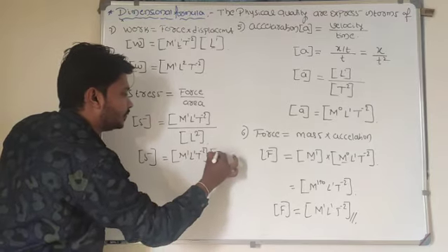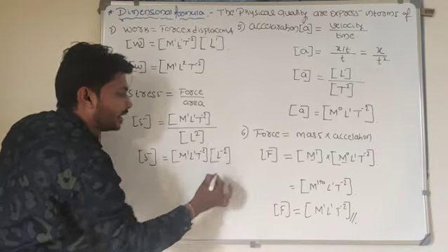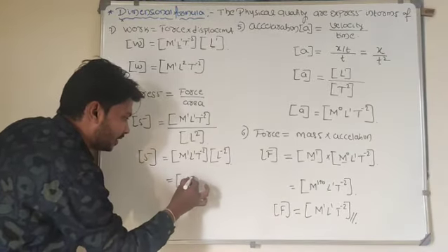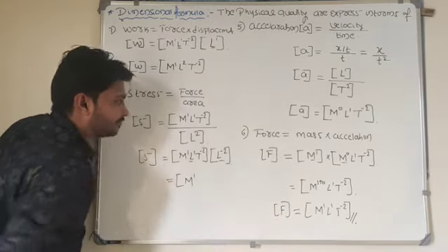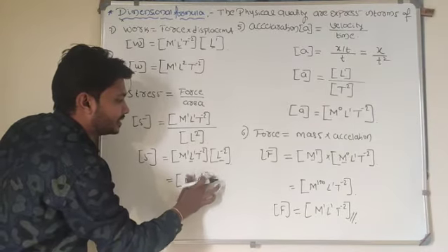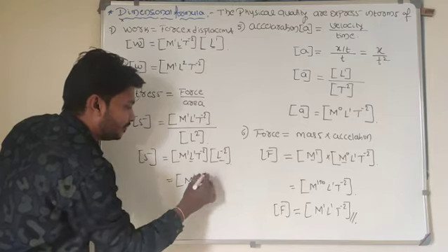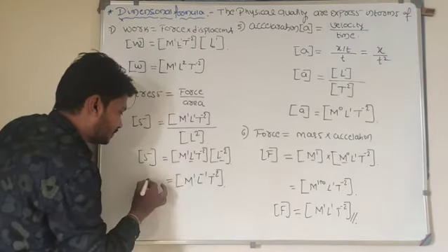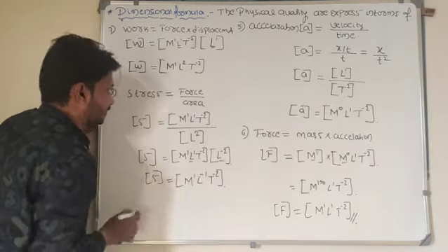If it goes to the numerator, L to the power of minus 2 here. Did you get my point? So write it here. M to the power of 1, bases are same, powers are added here. So L to the power of 1 minus 2, so that is minus 1 here. So L to the power of minus 1 and T to the power of minus 2. So that is the dimensional formula for stress.